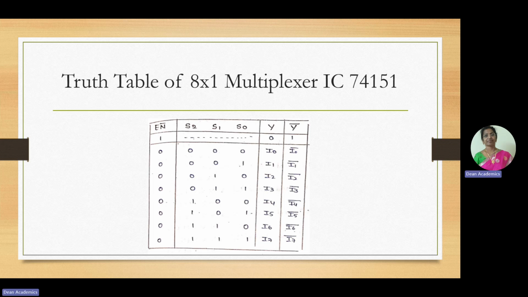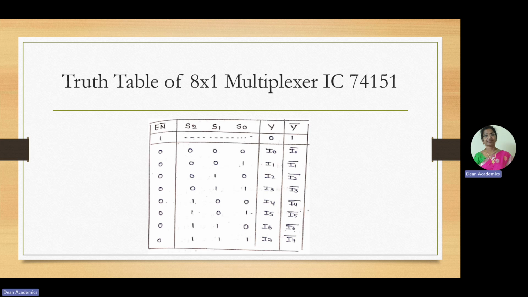When enable is 0, depending on the status of the select lines, the output will be assigned, or the output we will get as I0, I1, I2, I3 like this. So depending on the status of the select lines, one of the inputs will be connected or directed to the output. When S2, S1, S0 are 0, 0, 0, Y is I0 and Y bar is I0 bar.